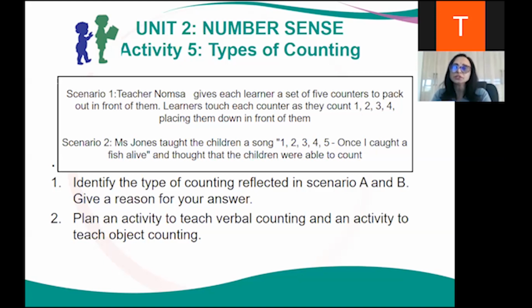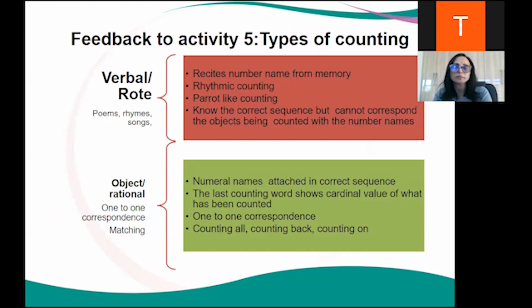Identify the type of counting reflected in scenario A and scenario B and give a reason for your answer. Next, I want you to plan an activity to teach verbal counting and an activity to teach object counting. Once you have completed this activity, you can compare your response to the response given here. All right.